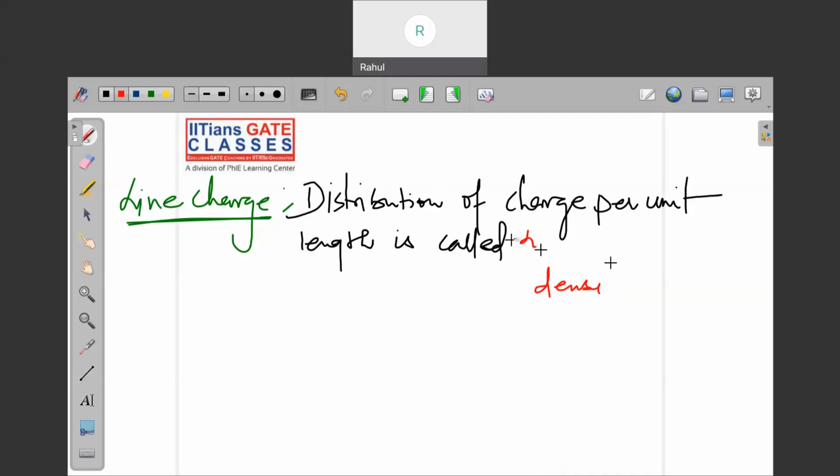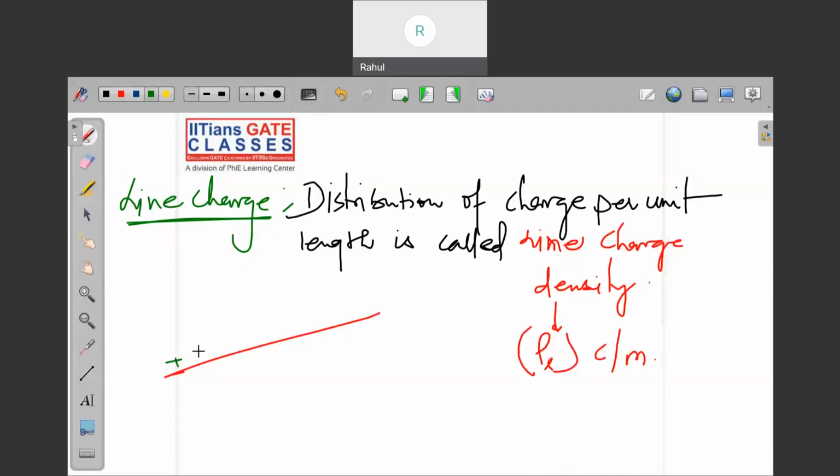Suppose this is a line, and here the charges are distributed along the line.